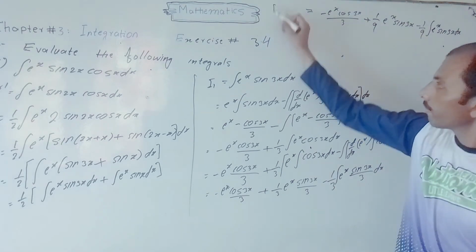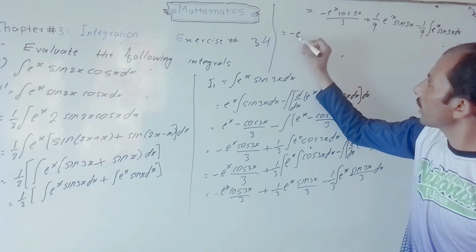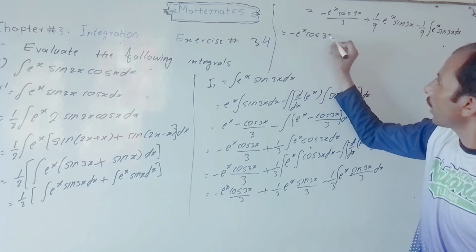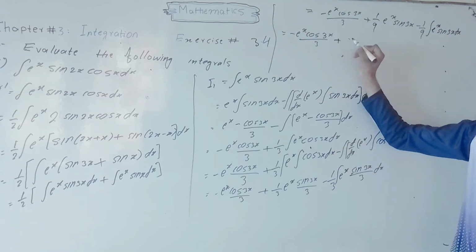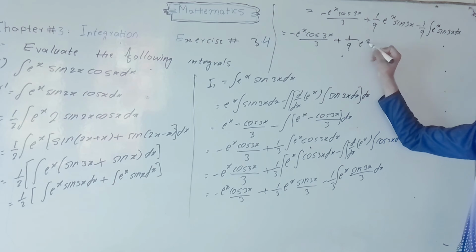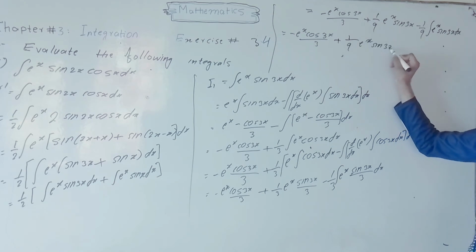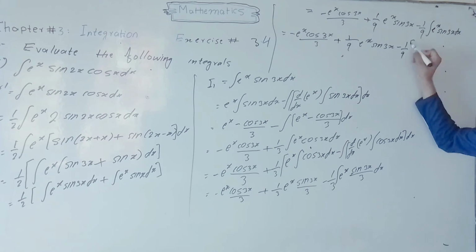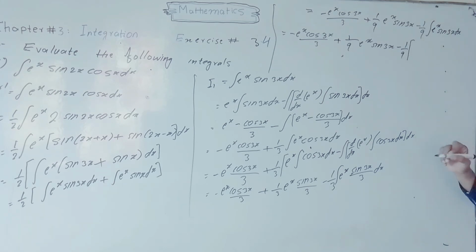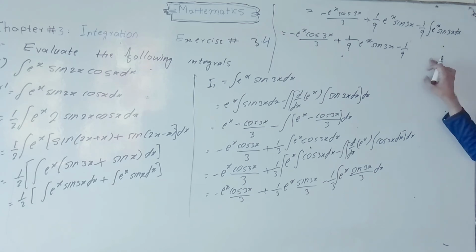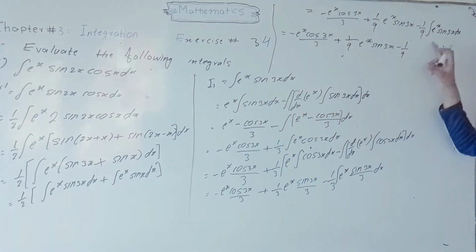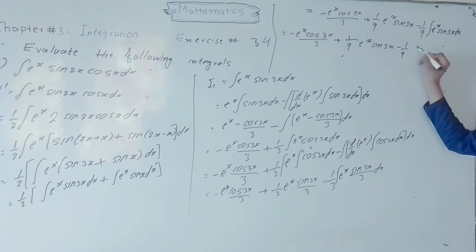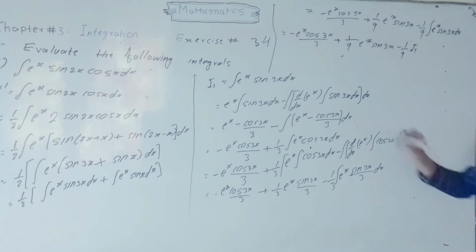So next, equal to minus e power x cos 3x divided by 3 plus 1 divided by 9 e power x sin 3x minus 1 divided by 9, again by integration by parts. So minus 1 divided by 9 given integral I is equal to integration of e power x sin 3x into dx. So integral e power x sin 3x dx can also be written in this form, I1 form.